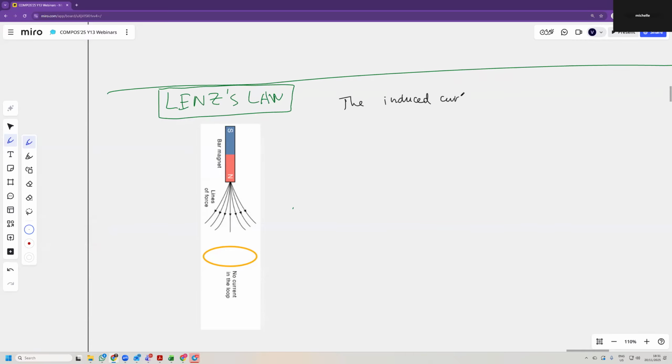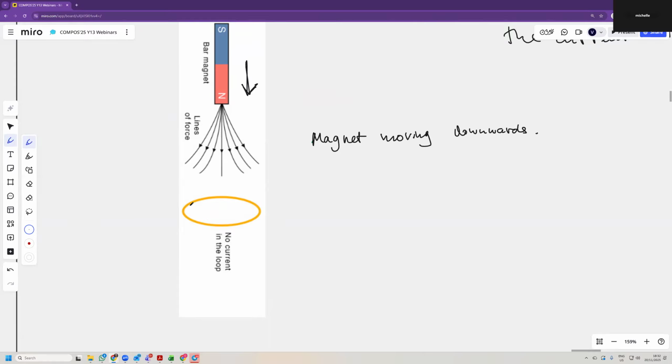Okay, so imagine you have a magnet moving downwards. So the magnetic field in the loop is increasing.